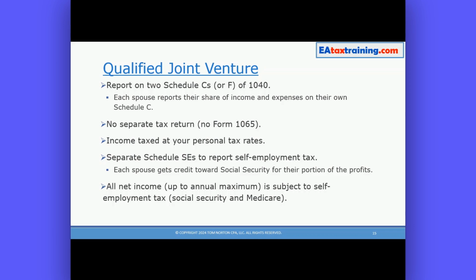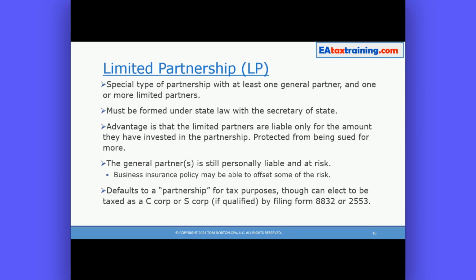And you may know that with our Social Security system, you get credit towards retirement for all of the time that you work. So by having two separate Schedule SEs, each spouse is getting their own credit towards their own Social Security when they retire. So that's why you want to have two Schedule Cs and two Schedule SEs. And then all of the income up to the annual maximum is subject to the self-employment tax.